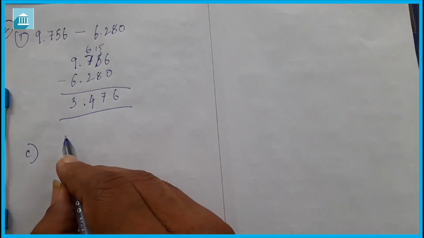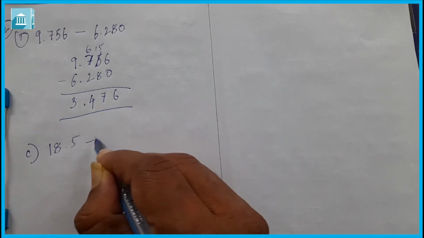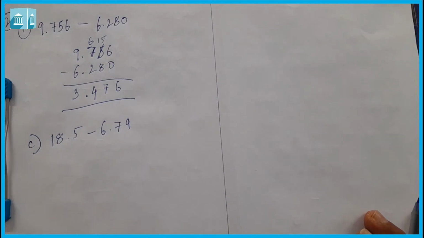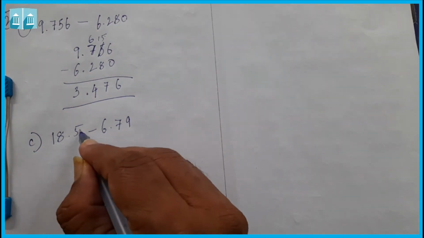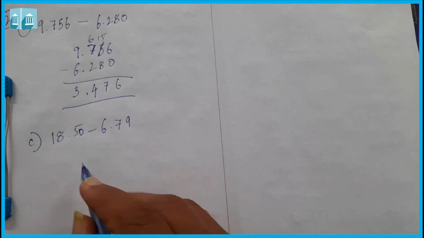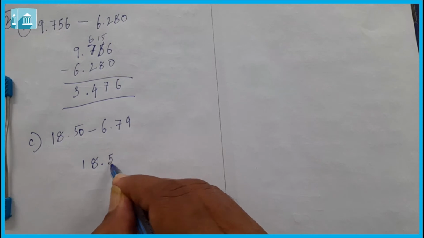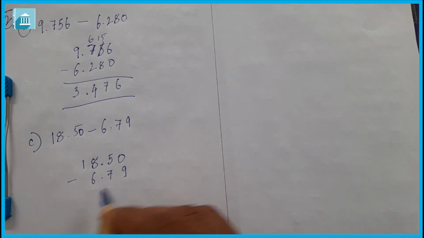Now let us do question C. Here, in question 6, C is given 18.5 minus 6.79. Here again it is not like decimals, so first we will convert it. Now 18.50 minus 6.79.